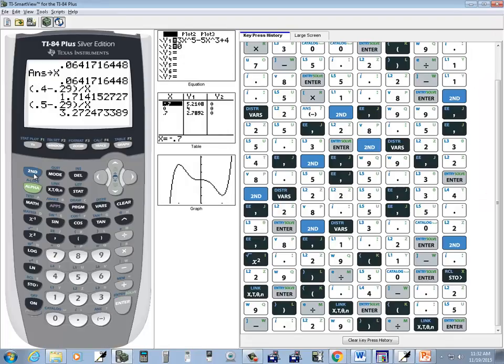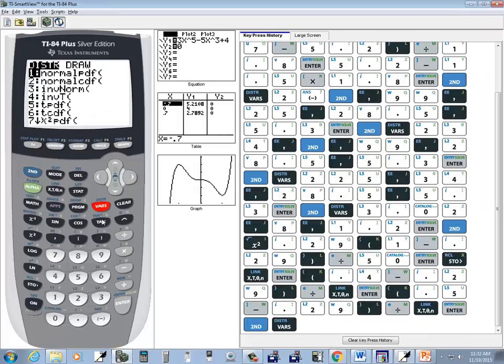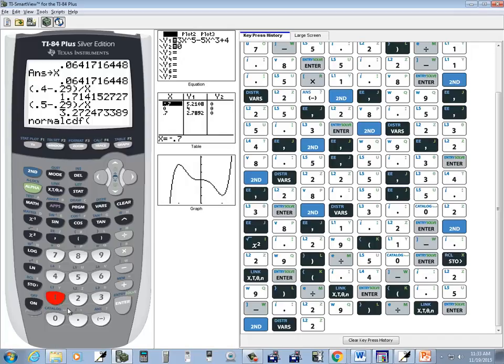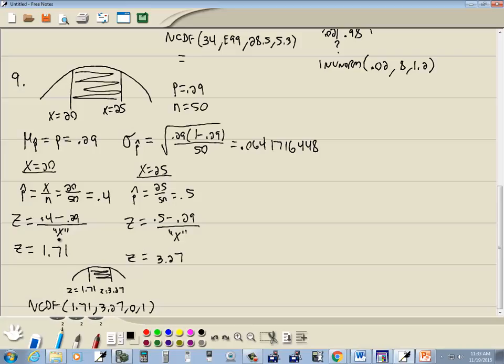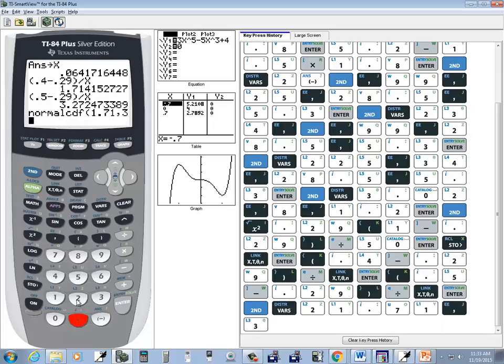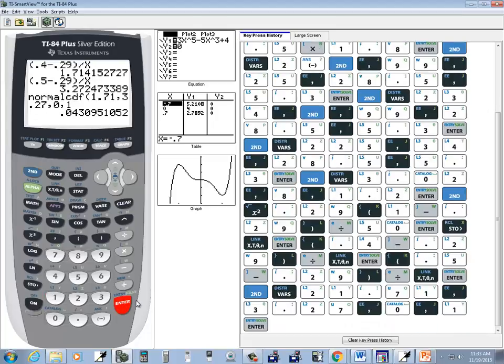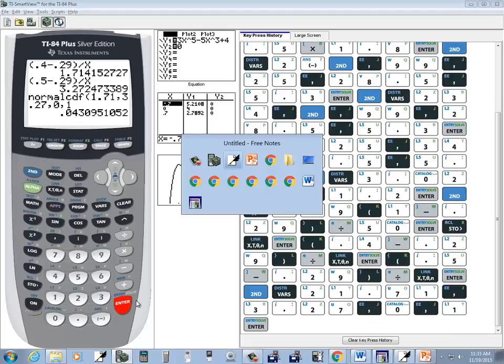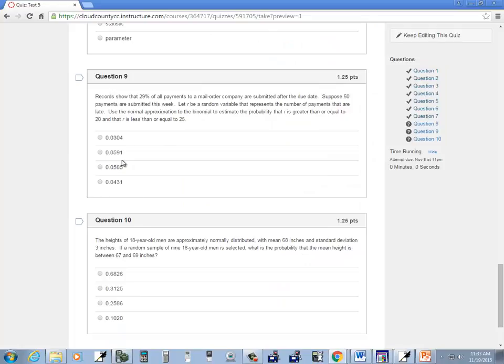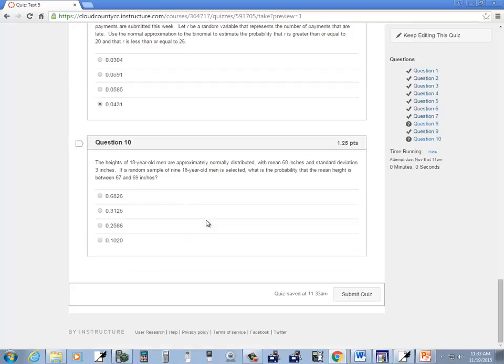Okay, so we got normal CDF of 1.71, comma 3.27, comma 0, comma 1, and 0.0431. 0.0431 matches exactly. It wouldn't have if I hadn't rounded those to 2 decimal places for the z-scores.